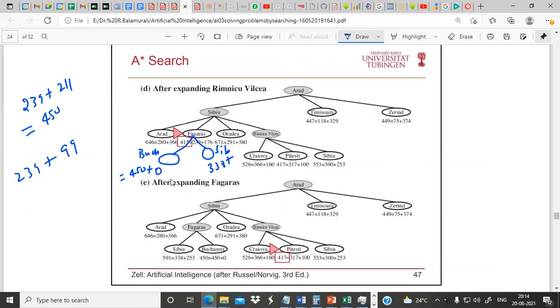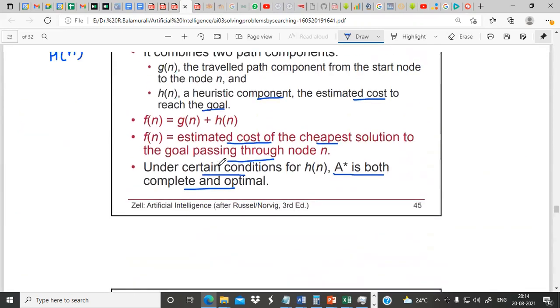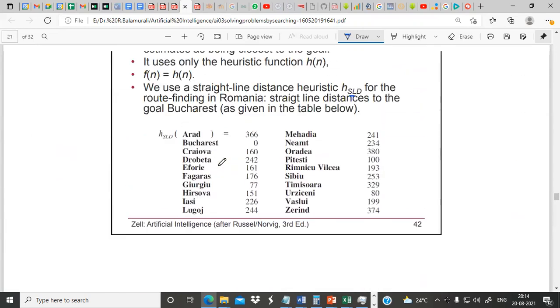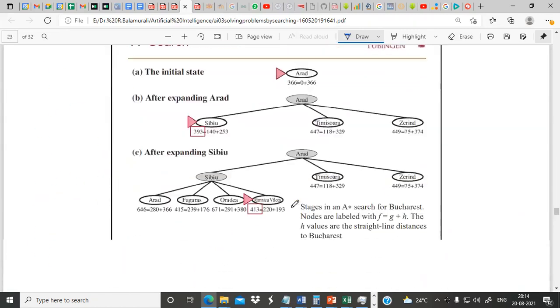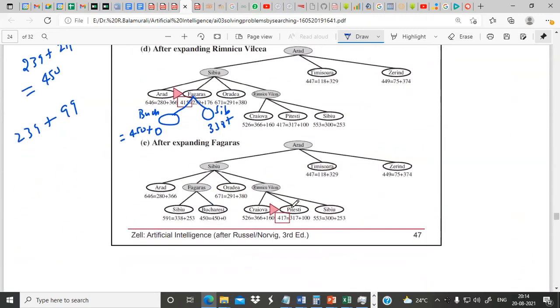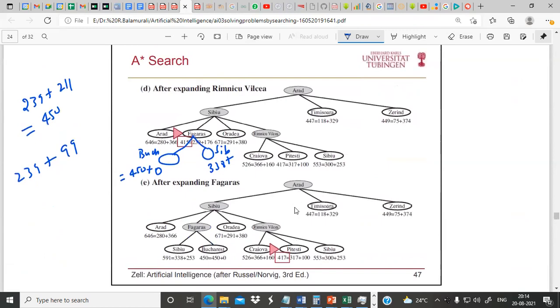And for Sibiu to Bucharest, we have to refer to the table. So what's the cost of reaching from Sibiu to Bucharest? It is 253. So it is 338 plus 253.